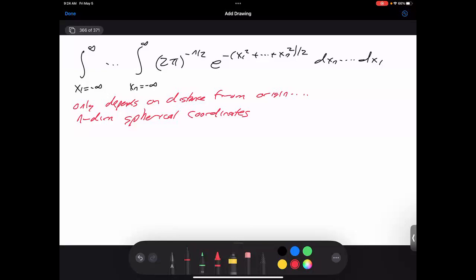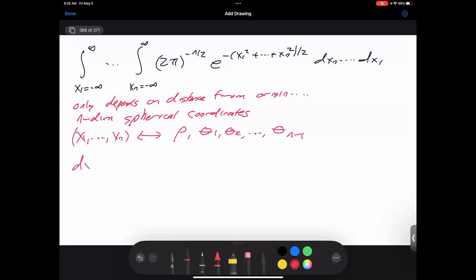And so what we need to do is to figure out how x1 through xn converts to, let's say, rho, and then we need a bunch of angles. I'll call them theta 1, theta 2, and how many angles do I need? n minus 1.